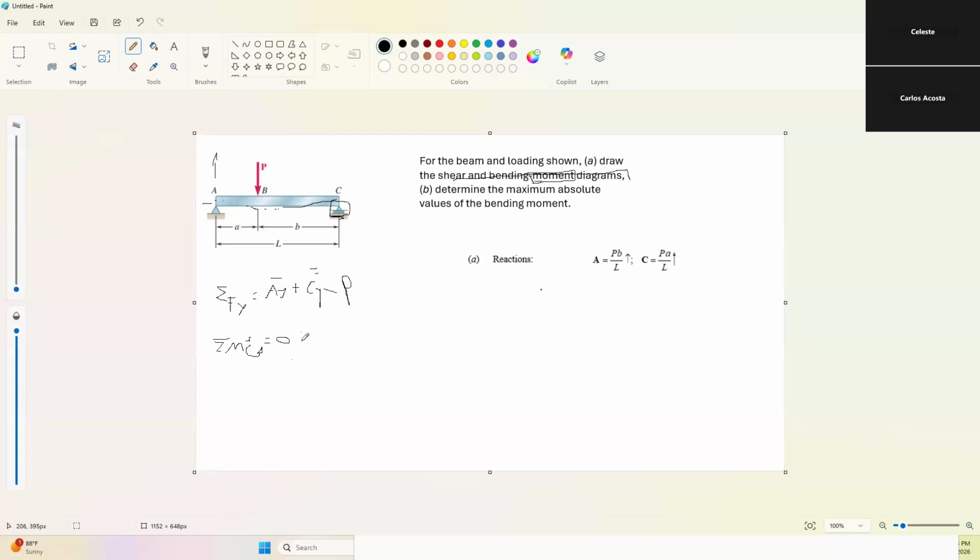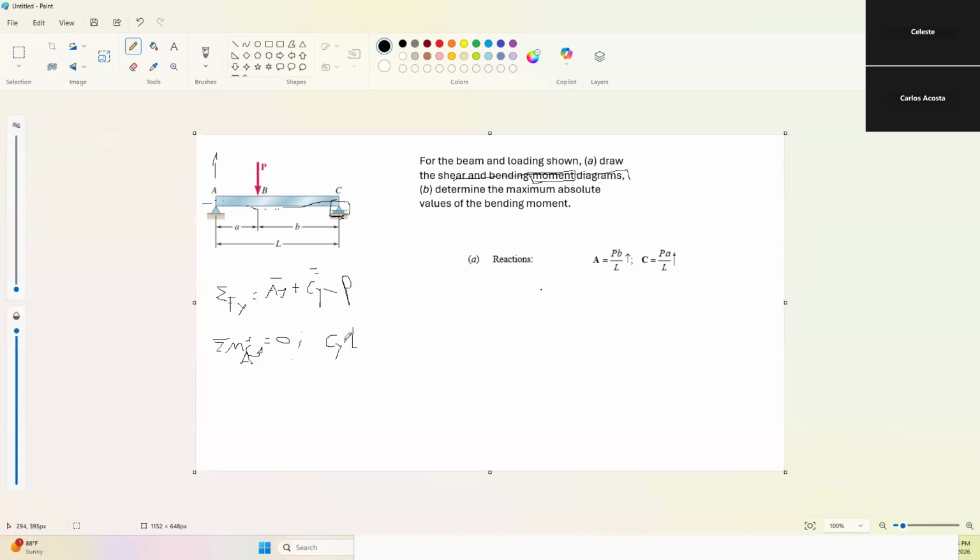So if you do moment around A, P is clockwise, so it's going to be negative, and C is counterclockwise, so it's going to be positive. So from C, not Z as Zulu, but C as Charlie, to A, you're going to have Cy times the length.